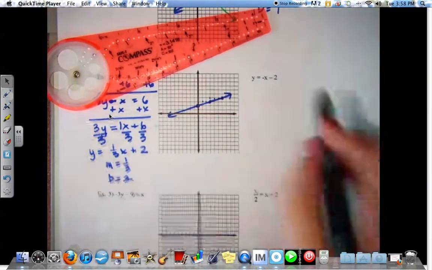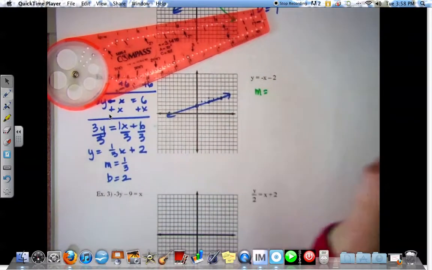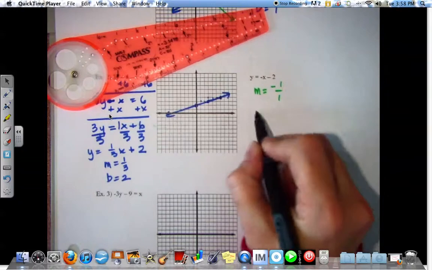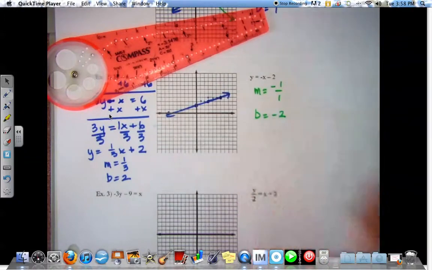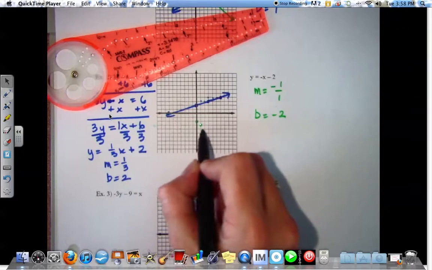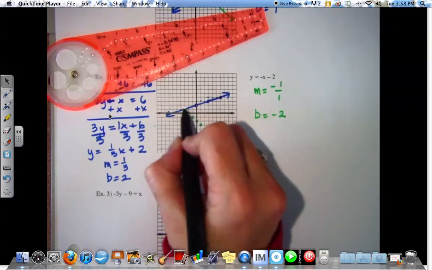All right, next equation, y equals negative x minus 2, so our slope is, remember there's imaginary 1 there, so it's negative 1 over 1. Y-intercept is negative 2. So we start at negative 2, down 1 over 1, down 1 over 1. So we can probably pretty easily see where they're going to intersect.